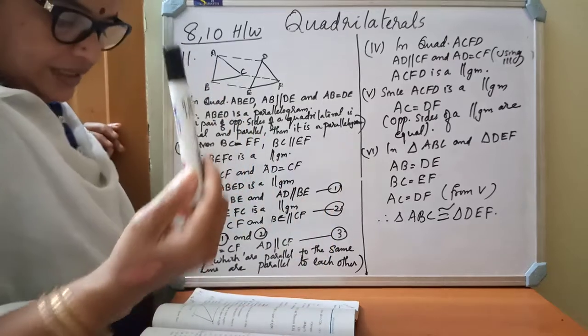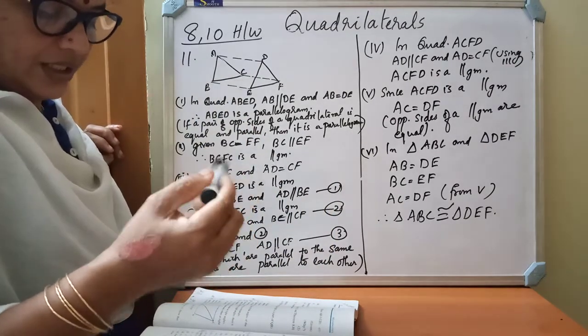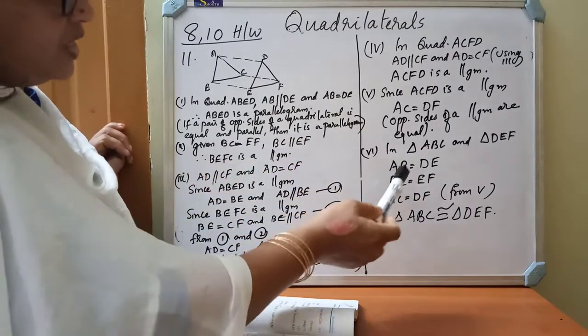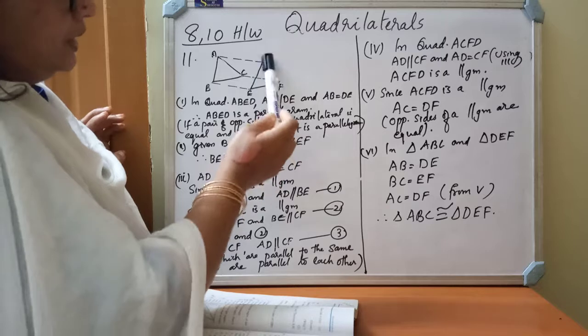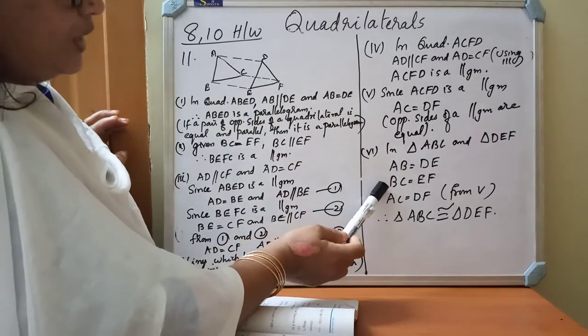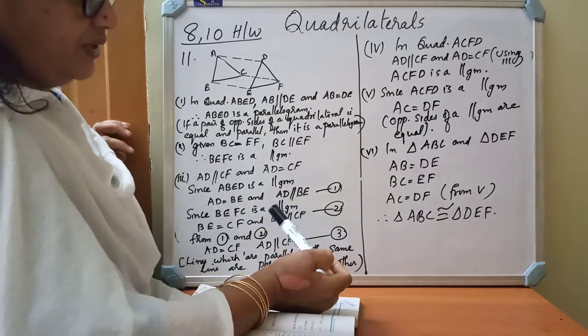Then last result. Triangle ABC is congruent to triangle DEF. For that, first AB equal to DE, we proved ABED is a parallelogram, so AB equal to DE. Next, BCEF is a parallelogram, so BC equal to EF, we got it.